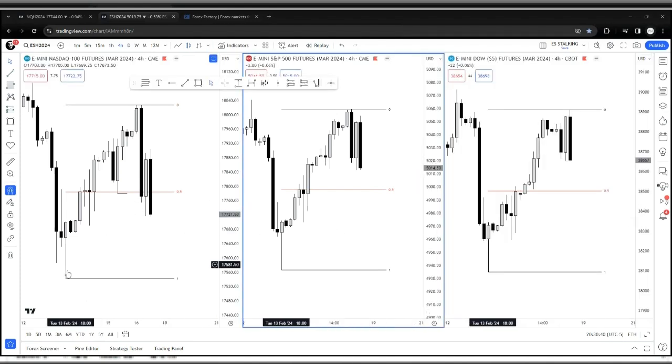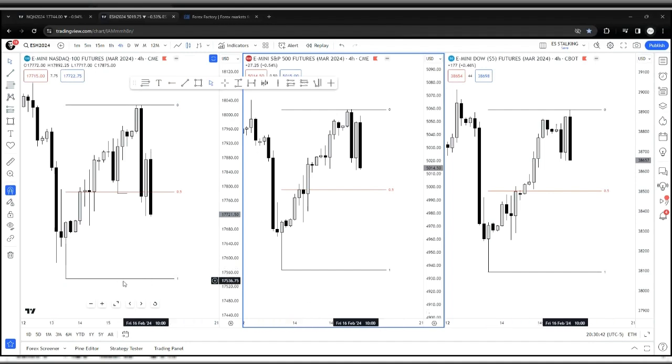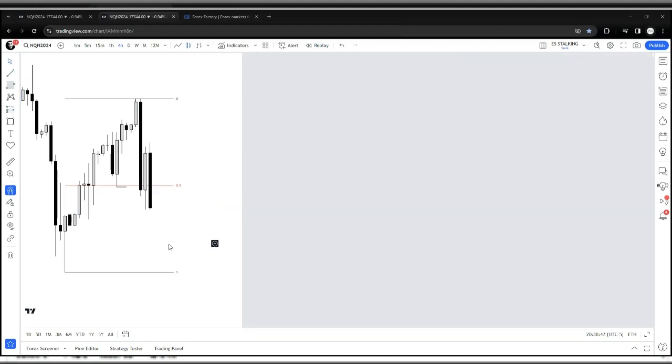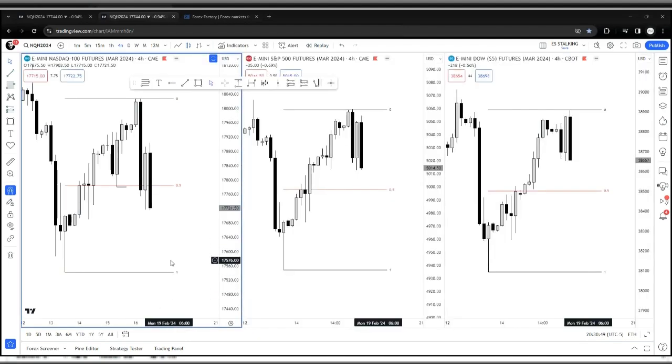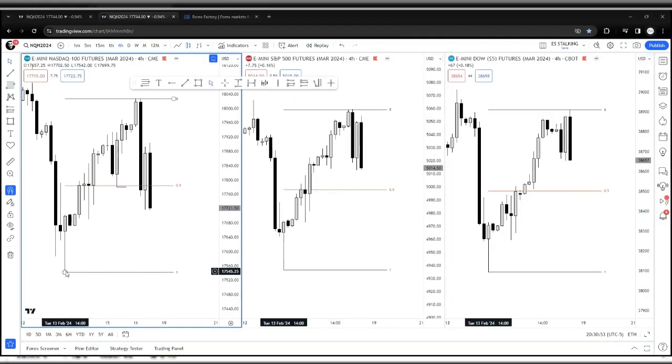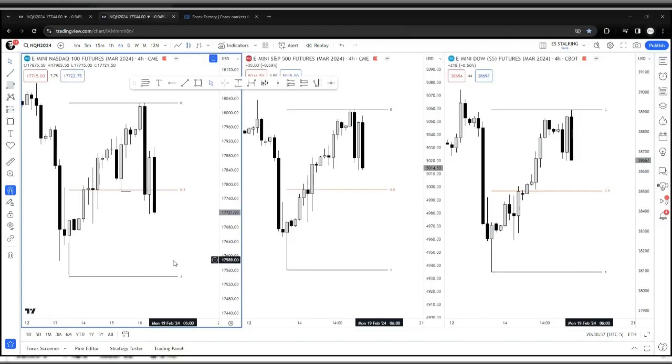So right here, this low, you could say this is the draw on liquidity at the moment. And if price goes below this and there's SMT, which would be likely if price goes below here, then you could be looking to do something.